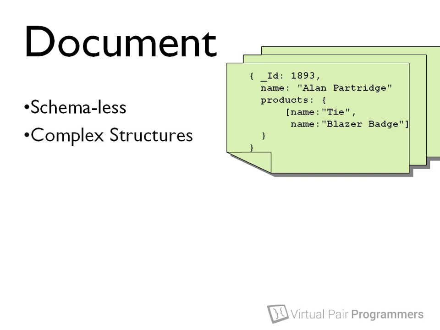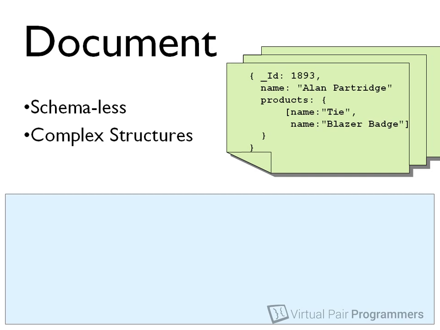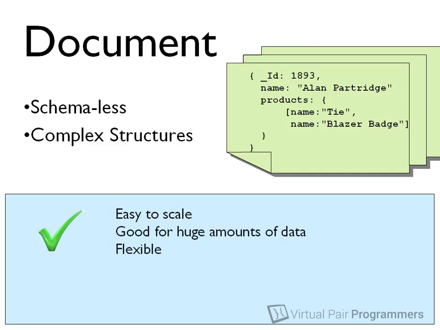The reason for choosing a document database might be because they're ideal to store huge amounts of potentially complex structured data, and they're easy and efficient to scale through sharding. The flexibility of the databases is also a useful feature.